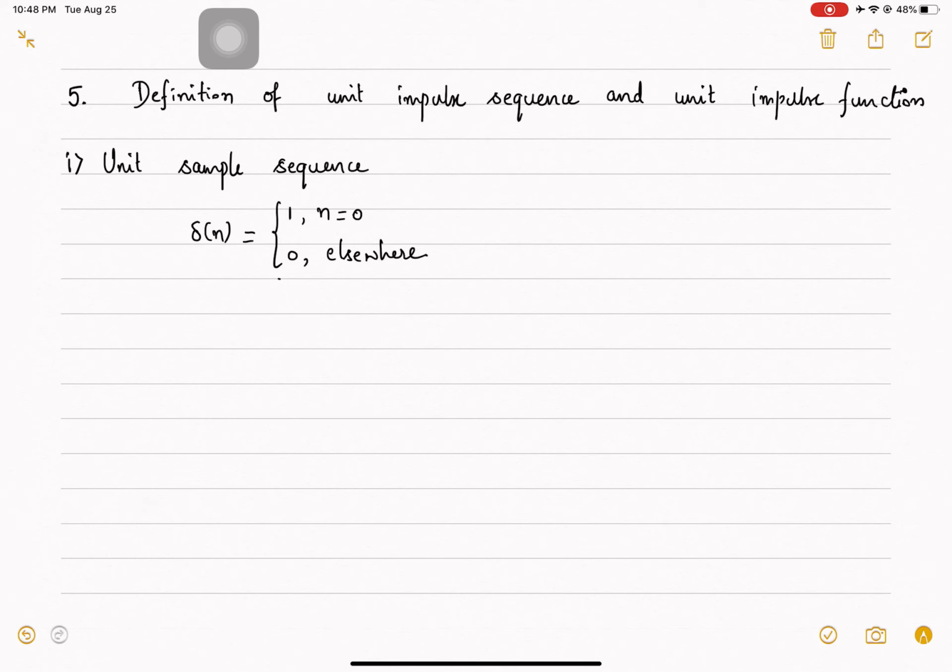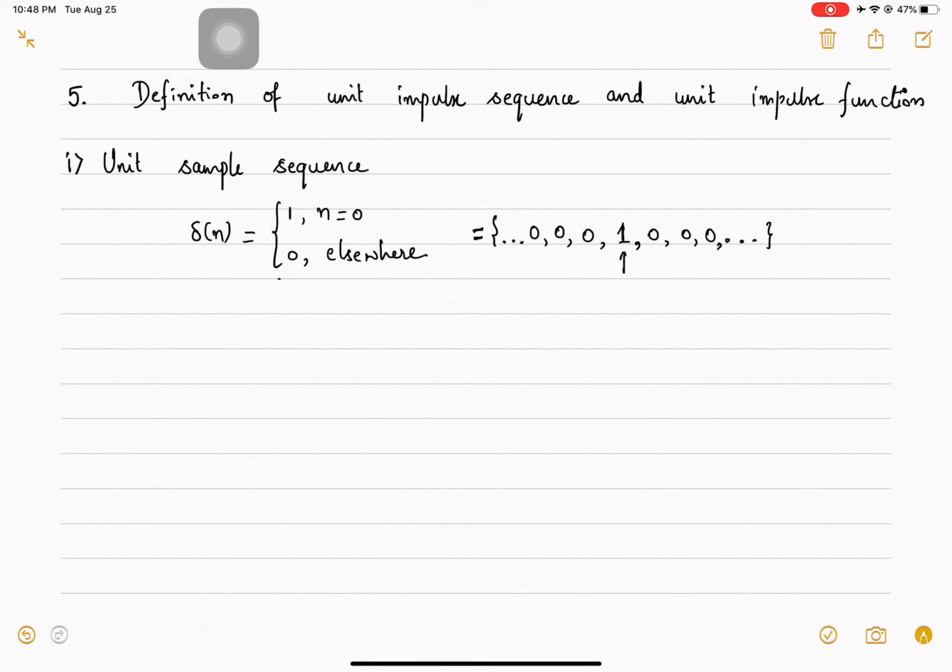Sometimes the discrete time sequences are written with this shorthand notation. So these are the values at different values of n, the values of the signal at different indexes, and so on and so forth.